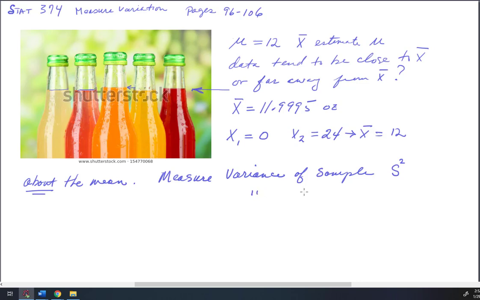And if we're talking about the variance of the population, we're going to use the lowercase Greek letter sigma. And just to complete the vocabulary before we do some defining here, we also will have the standard deviation as a measure of variability.